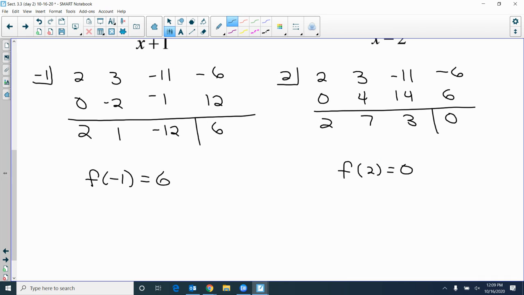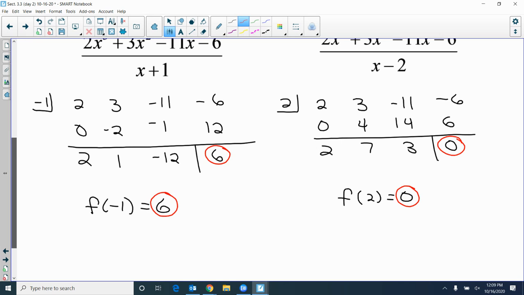There, like I said, there is a relationship between those two. Where does the 6 show up in my answer? It shows up as that last term, as the remainder. And what do you notice right here for my remainder? It is 0. So that is going to always be the case.